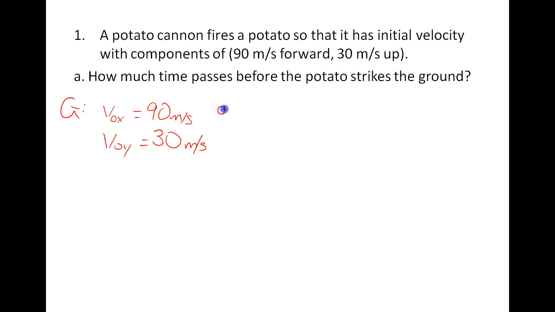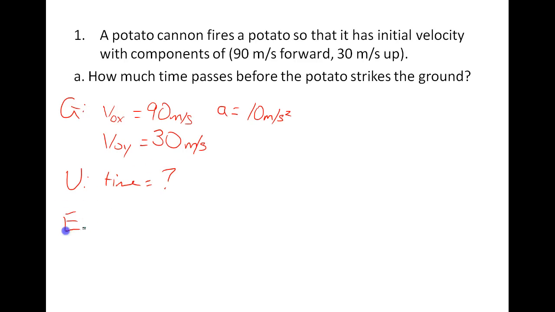We also know our acceleration, and that is 10 meters per second squared. The unknown that we don't know is time, so we've got to figure out time for this.